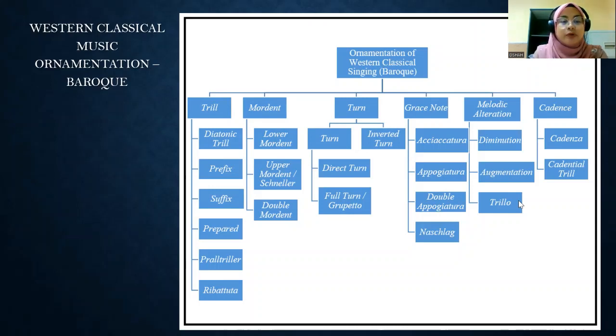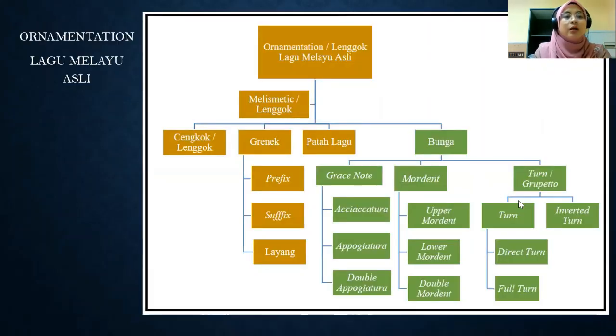So we move on to the next one, which is the Malay ornamentation, or lagu Melayu Asli ornamentation, where from the literature review, it can be concluded that ornamentation is also called lenggok in lagu Melayu Asli.